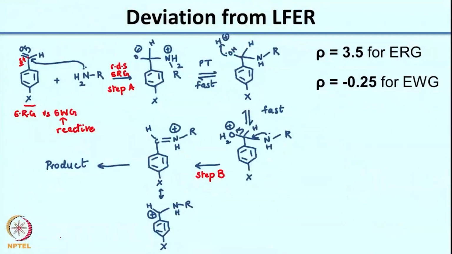So, this is destabilized by the electron withdrawing group. So, this would be the rate determining step for electron withdrawing group.